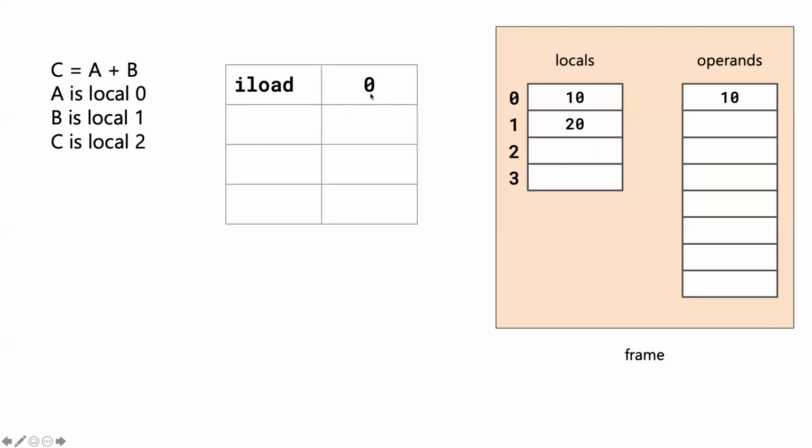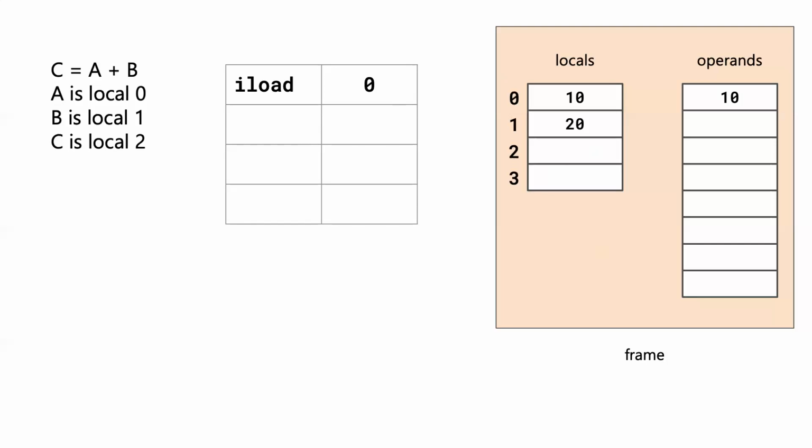Normally we would think of that as loading from memory into a register, but we don't have registers. When we load something, it goes onto the stack. So iload is like a push. For this instruction, it gets the contents of local variable 0 and pushes it onto the stack.